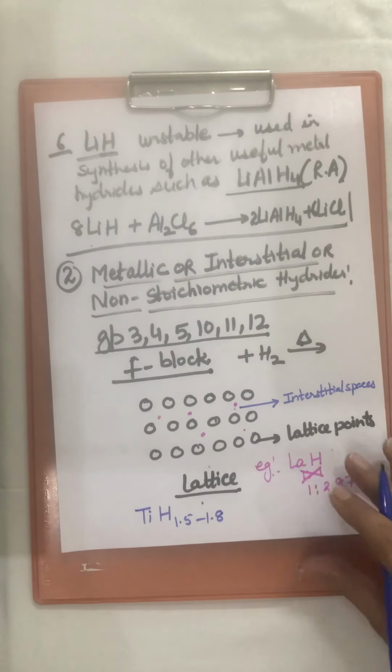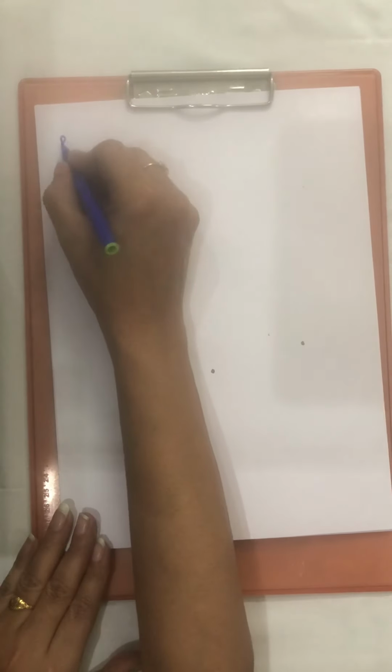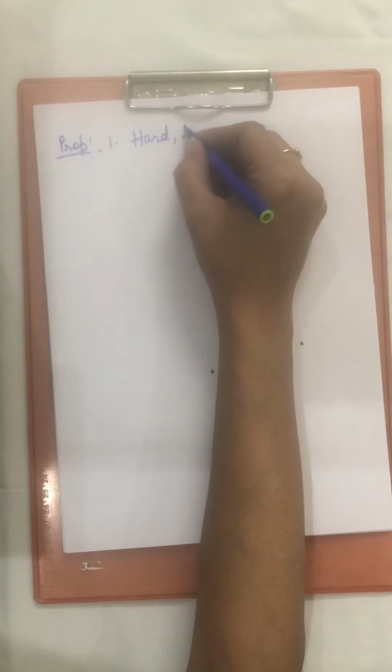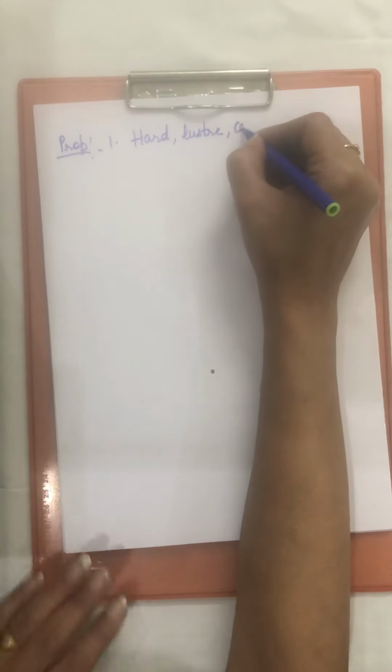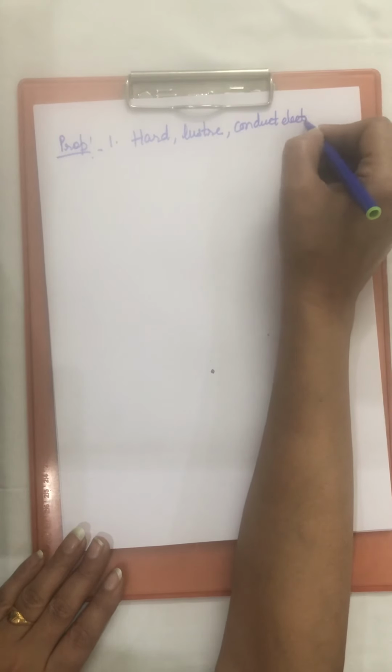Now, properties of these metallic or interstitial hydrides. Since these are metallic hydrides, they show the properties of metals: they are hard, they have a shine, luster like metals, and they conduct electricity.